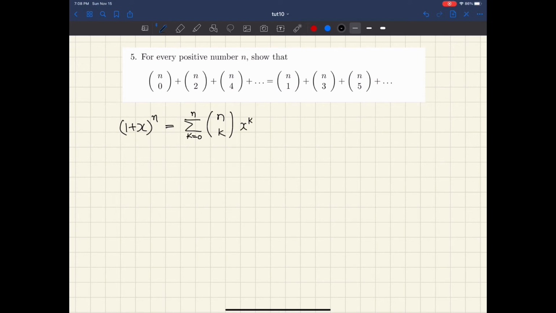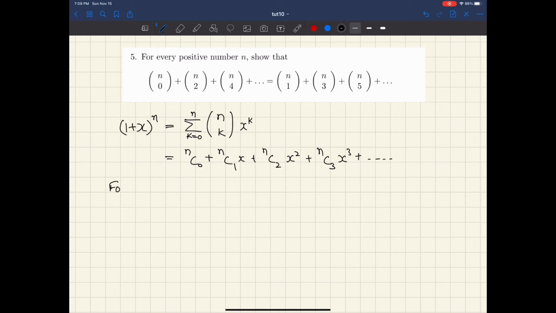Now expanding it gives us nC0 x to the power 0, which is 1, plus nC1 x to the power 1, plus nC2 x to the power 2, plus nC3 x to the power 3, and so on.